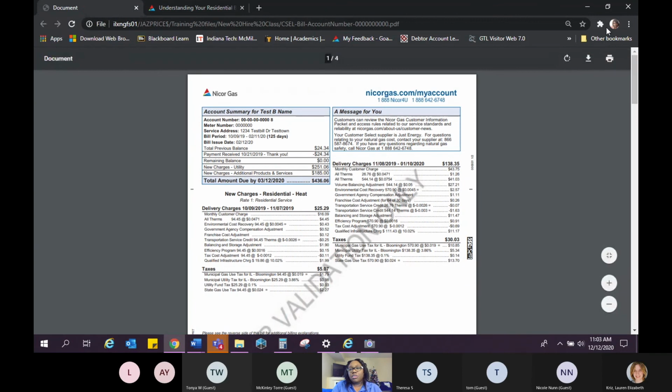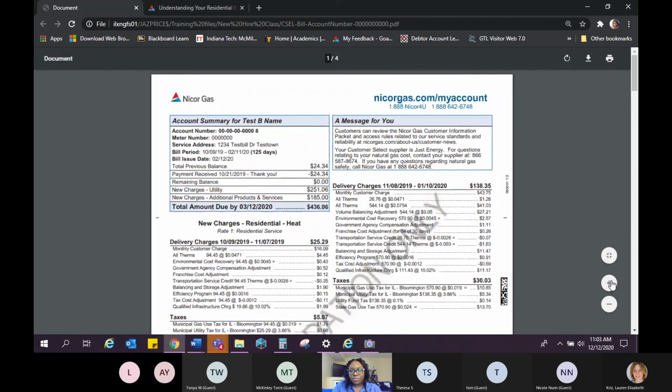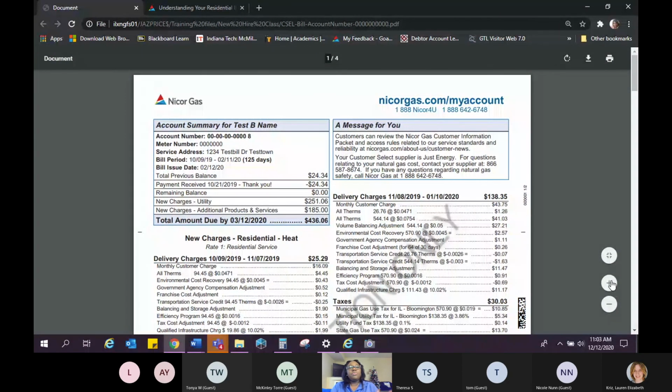So this bill here, and I'm going to make this a little bit bigger so you guys can see it, is for a customer that had more than 1 month, and they also have a third-party supplier.